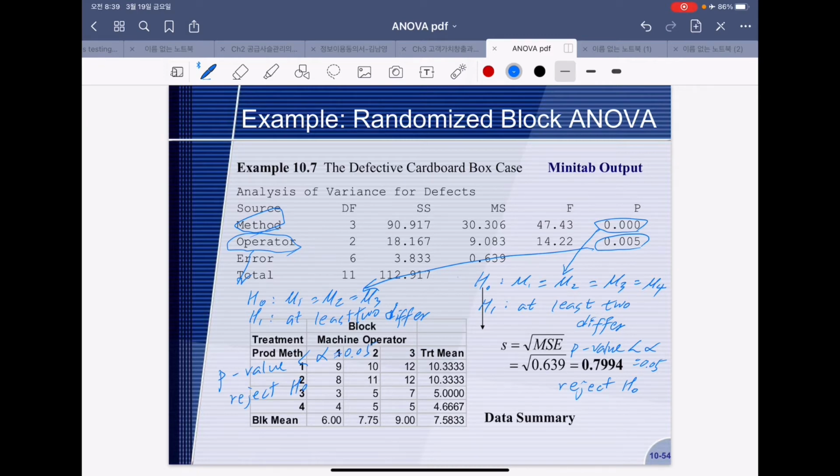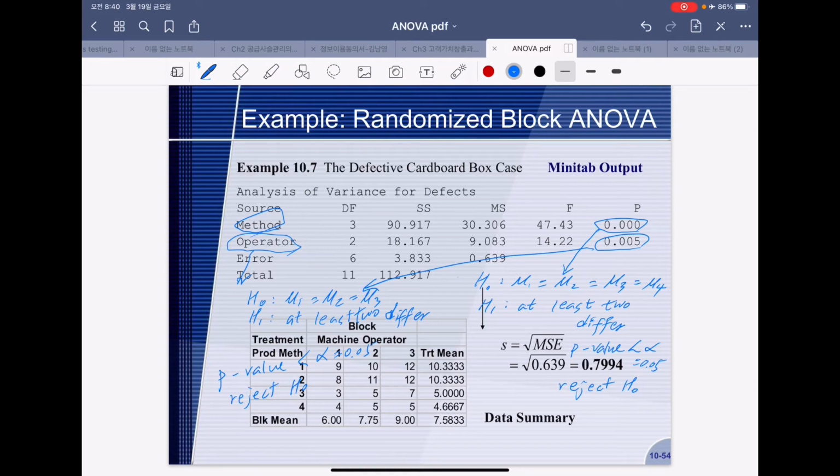So there are differences in terms of production quantity among the machine operators. So we need to go through the pairwise comparison in this case too.